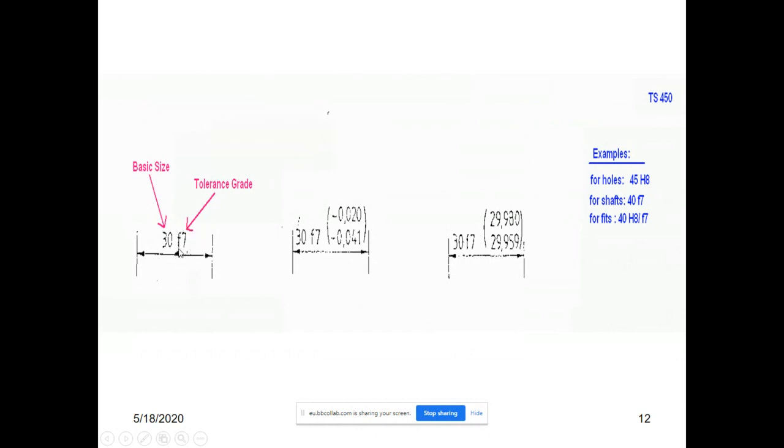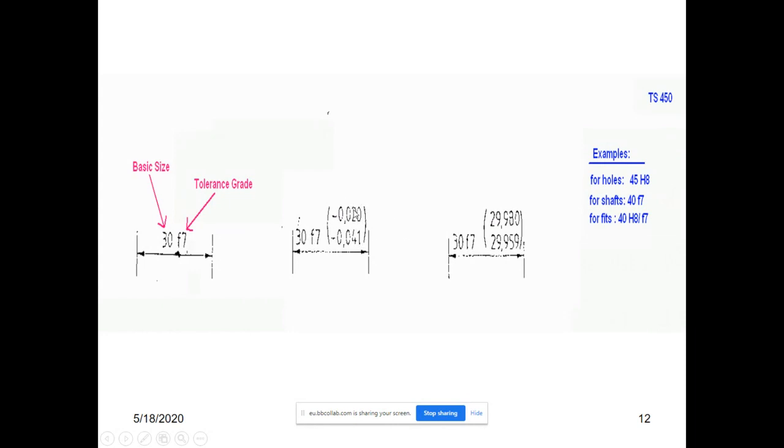It is a code, so this code is to be converted to upper and lower limits. If your technicians, as I said last week in my delivery in the second report, are not so educated, then on behalf of those staff, make the necessary evaluation and determine upper and lower limits or upper and lower deviations. 30F7 corresponds to this deviation, that deviation.